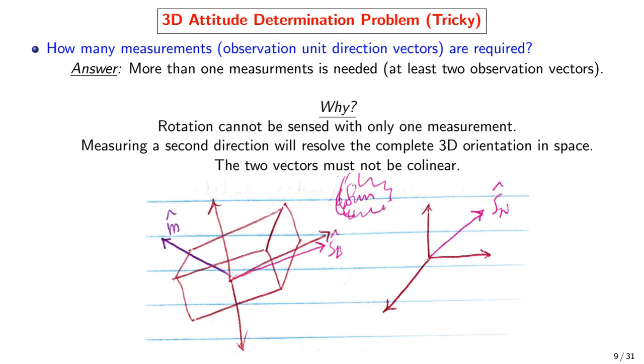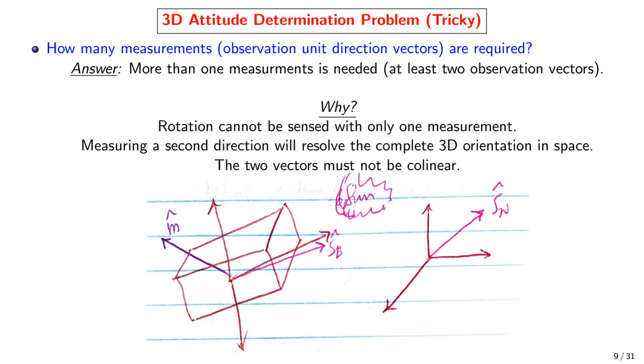You cannot sense rotation. The 2 vectors, or the 2 measurements which you require, there's an important property which you need to take note of. They must not be collinear.